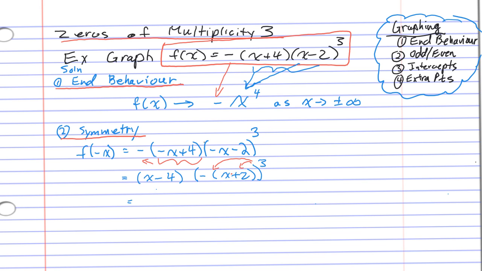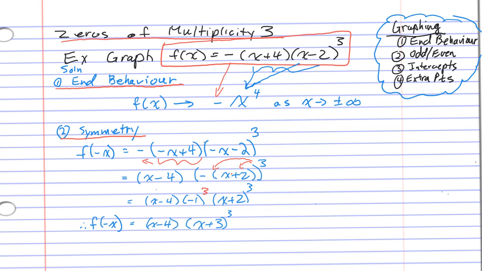So we end up with x minus 4 times minus 1 cubed times x plus 2 all cubed. Now, you know that negative 1 raised to an odd power will always be negative, so we end up with x minus 4 and x plus 2 raised to the power of 3.